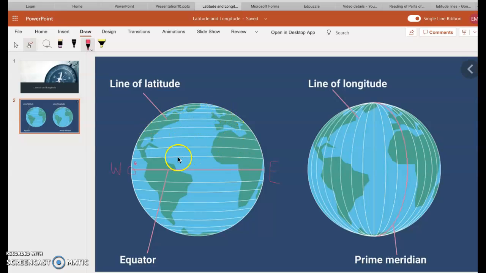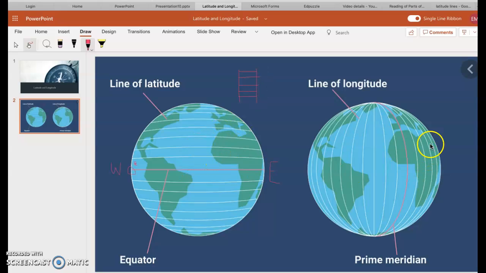They never cross over. So if we're looking at a ladder, a good way that we're going to remember latitude is like a ladder. And all these rungs or steps of a ladder, they never cross over each other, and they all run from the west to the east, or from the east to the west. So just like a ladder.